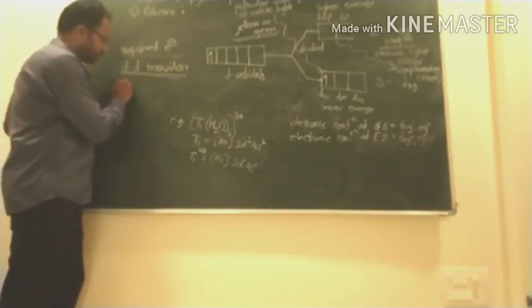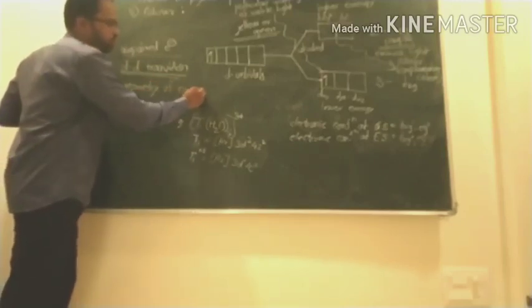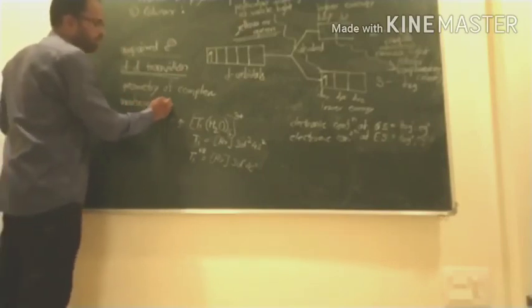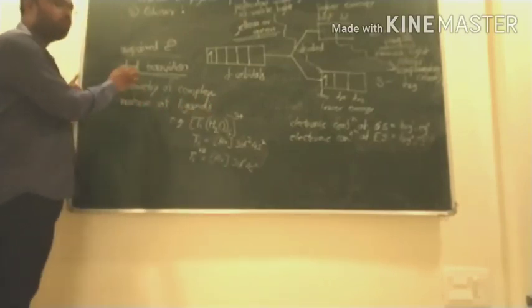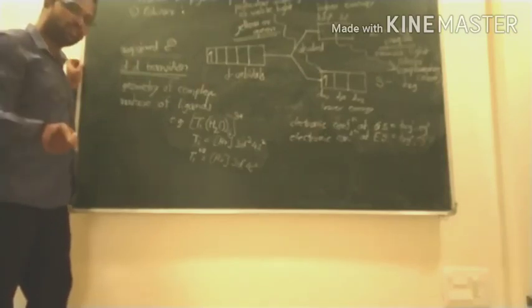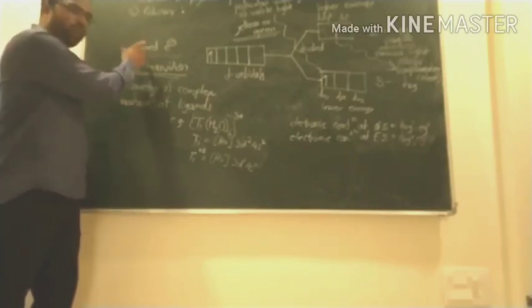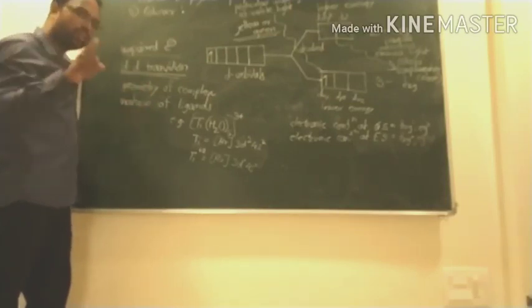After that, there are the geometry of the complex and the nature of the ligand. These two factors we study in detail in the coordination compounds or coordination chemistry topic, in the next chapter. Here we only study them briefly.